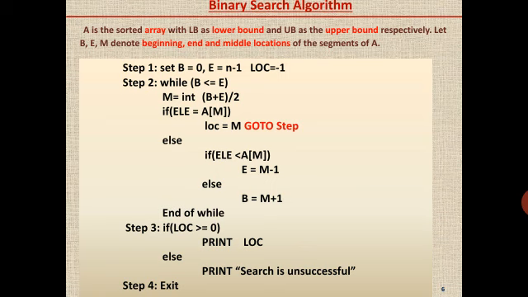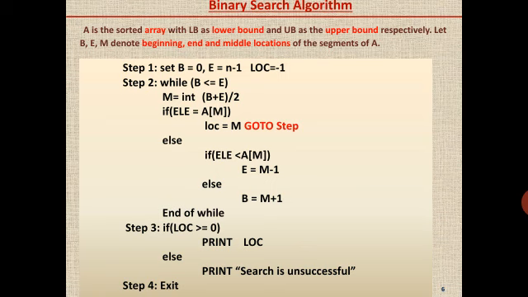Then, by using a while loop, we compare whether the value of B is less than or equal to E. Then we find the middle location. You can see here, middle location M is equal to int in bracket B plus E upon 2. Means whatever the value of B plus E upon 2, we should consider only the integer value. No fractional value is allowed.